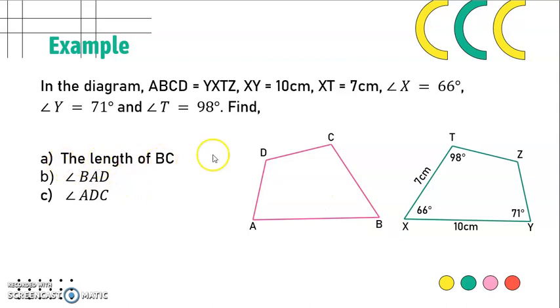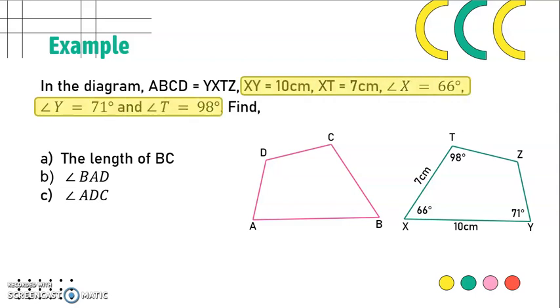First, find the length of BC here, the angle of BAD, which is this one, and also the angle ADC, which is this one. So now what I want you to do, try to pause this video and try to solve this example. You have to find the answer by referring to this shape. So now please pause this video.